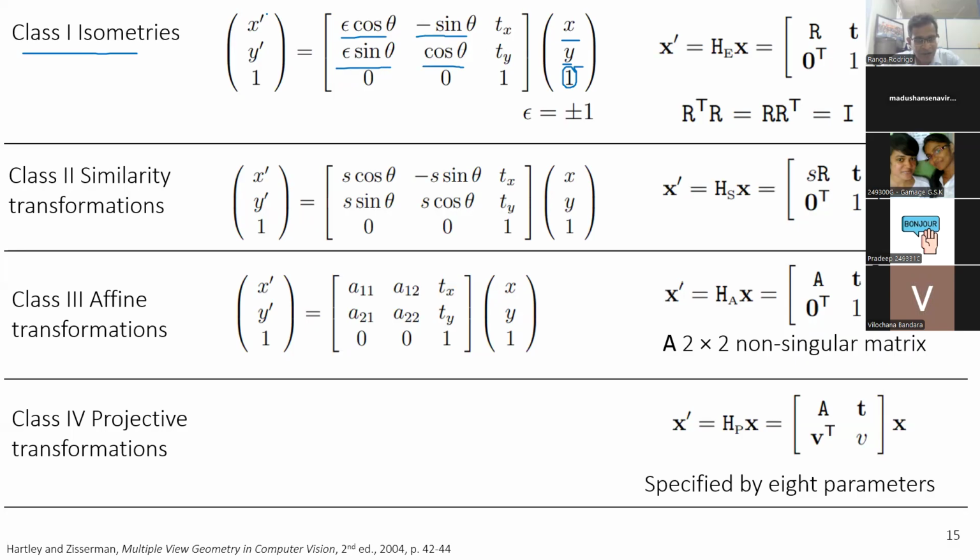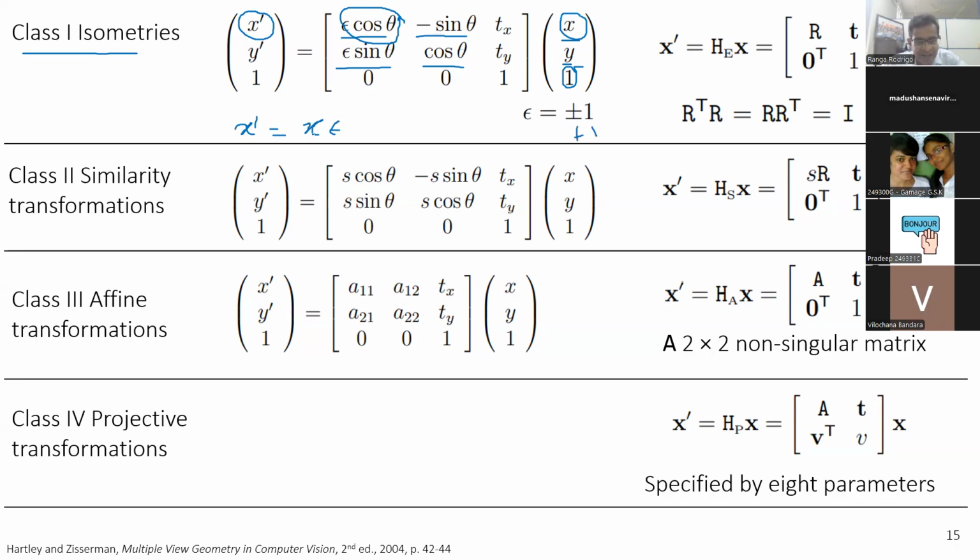Let me compute what x prime is based on this equation. In matrix multiplication, this term multiplies x. Epsilon is plus or minus 1. Shall we take epsilon to be plus 1? Then it's easy for us.